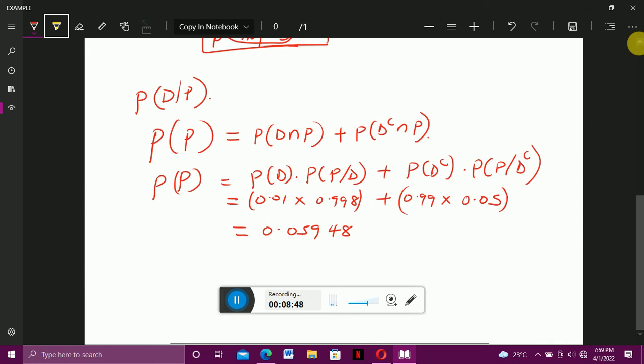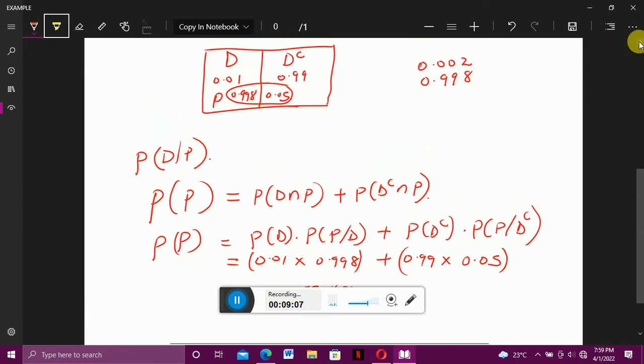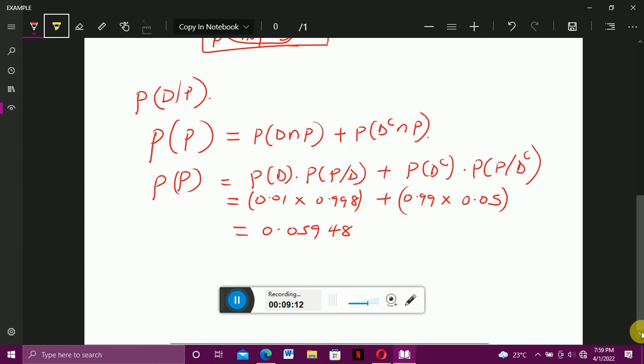But now, remember, we need to get the probability that I have the disease given the result is positive. That's what we are going to work out now: the probability that I have the disease given the result is positive.